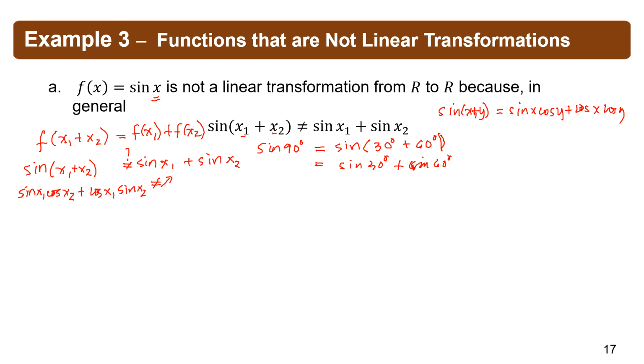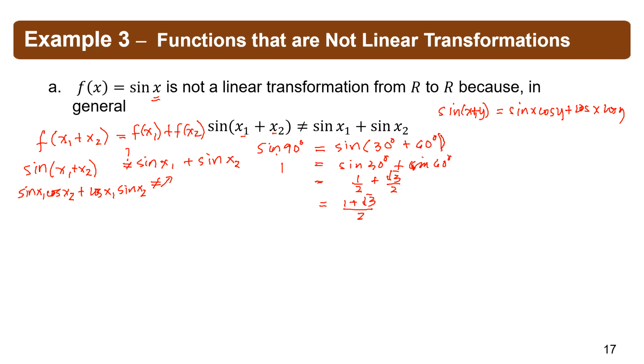Remember, sine 30 is 1/2. Sine 60 is the square root of 3 over 2. And as you can see, this is 1/2 plus the square root of 3 over 2. And sine 90 is equal to 1.